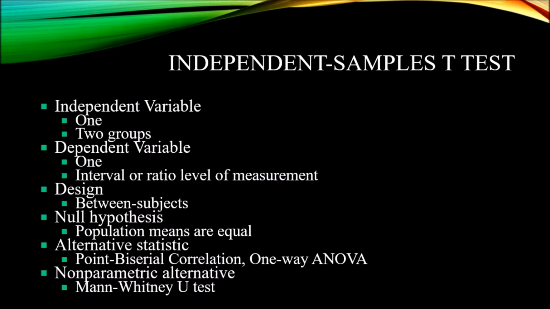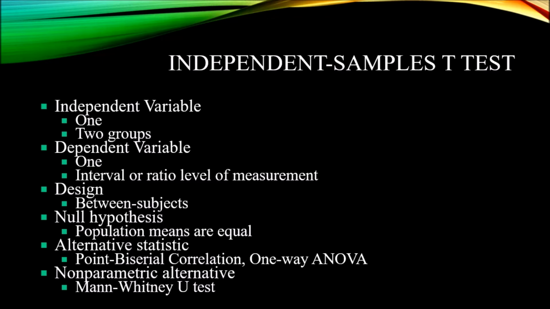The design here for an independent samples t-test is a between subjects design. Let's say you have participants suffering from depression and you divide them into two groups. I'll use the same two groups I used before, CBT and psychodynamic treatment, and then you measure their levels of depression. That's your dependent variable. So your independent variable would be treatment, and your dependent variable would be the level of depression.